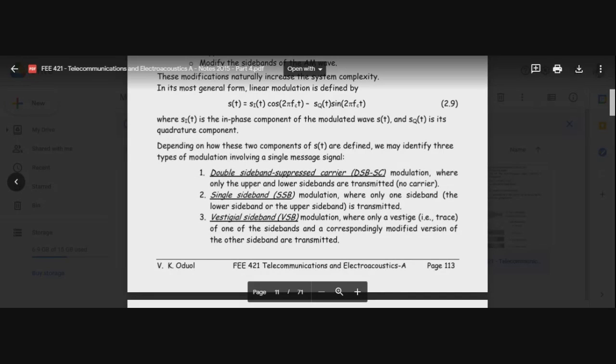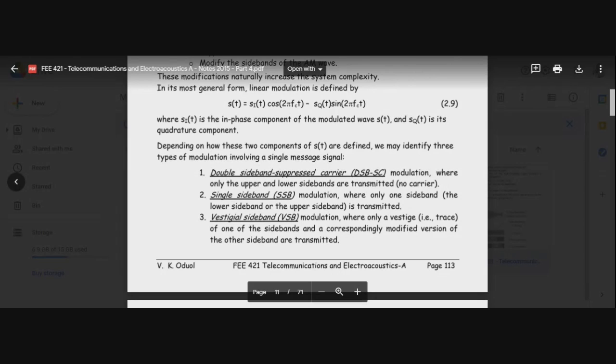You could have a single sideband, which is good. Single sideband means that one of the sidebands is retained, and the other one is suppressed, thrown out. That is called single sideband. And because we said that in the amplitude modulated signal, one sideband is sufficient, keeping one sideband is okay for carrying the message.